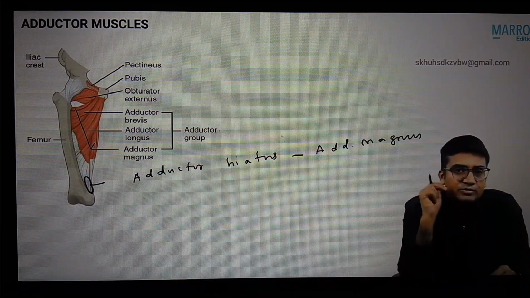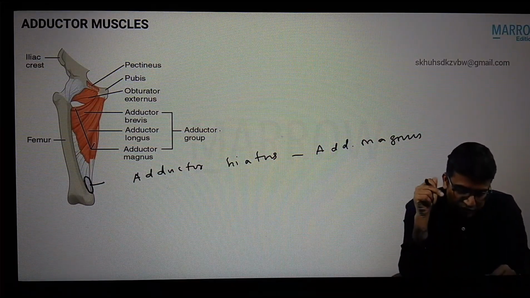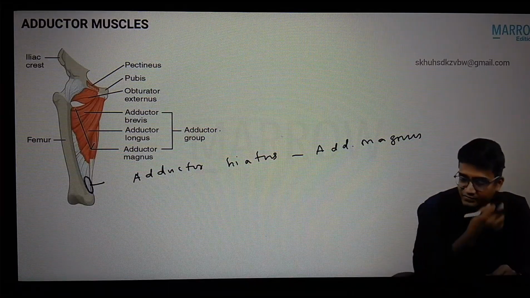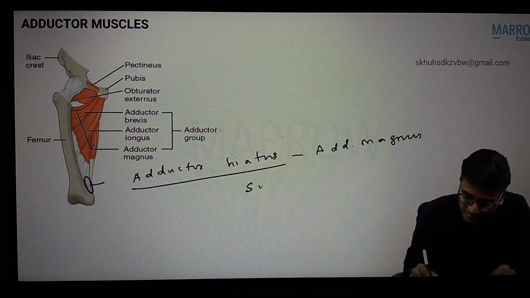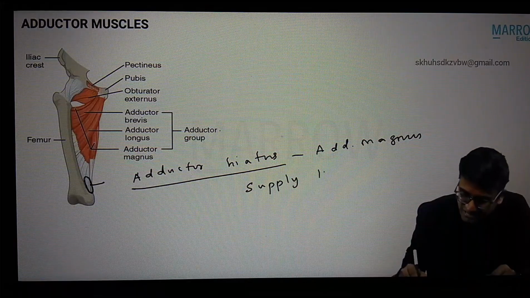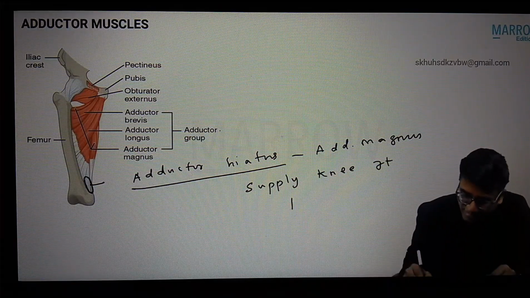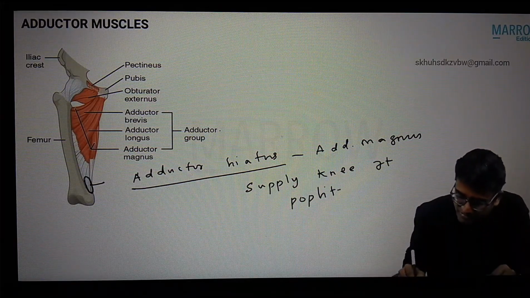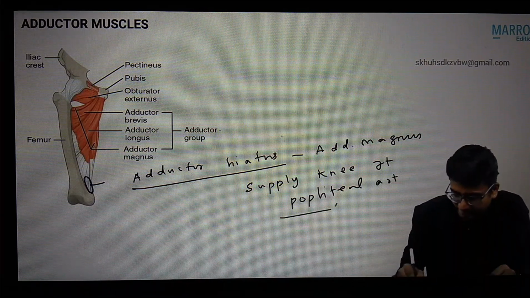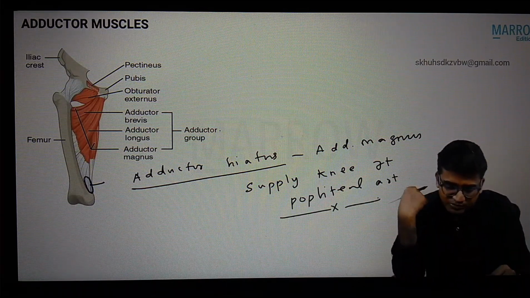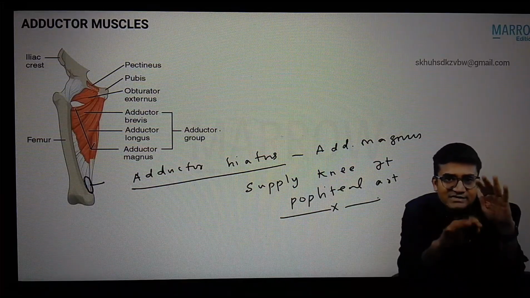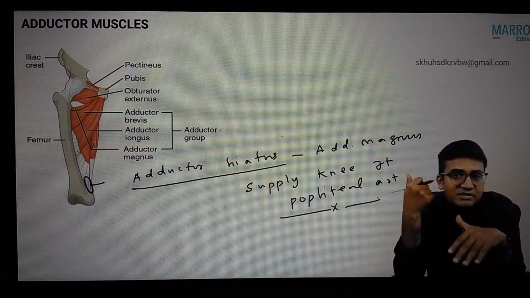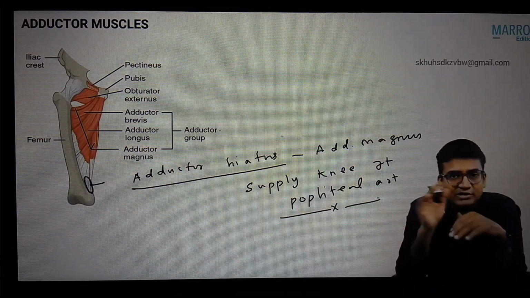The posterior division of the obturator nerve passes through the adductor hiatus and reaches the back of the knee joint, and it supplies the knee joint and the popliteal artery. That is the point. So, the posterior division of the obturator nerve passes through this opening, reaches the back of the knee joint and supplies the knee joint and the popliteal artery.